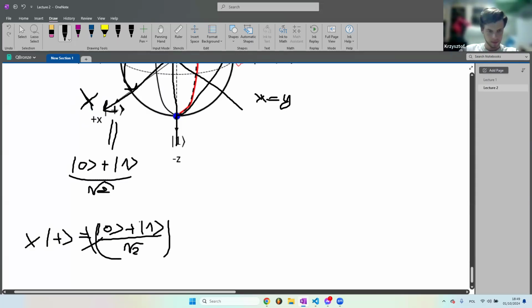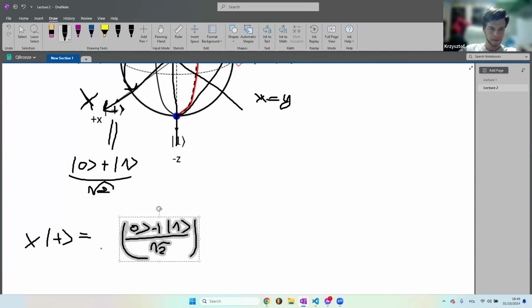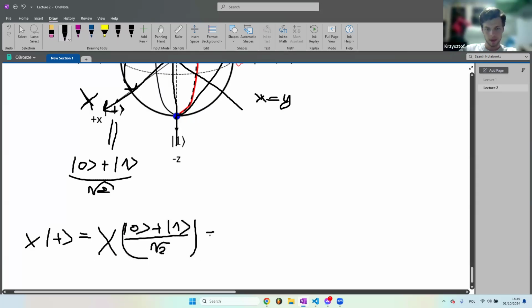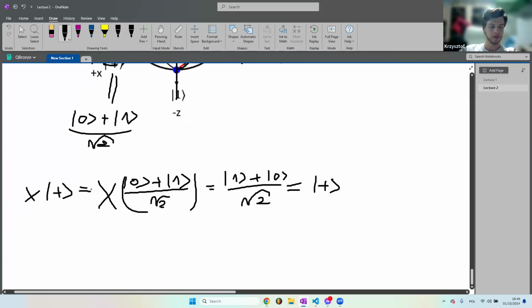I'm sorry, I tried to write it a little bit nicer. Now we flip both bits, so it's 1 plus 0 over square root of 2. But actually, this is the same state we began with. So this plus state is the eigenvector of the X operator.